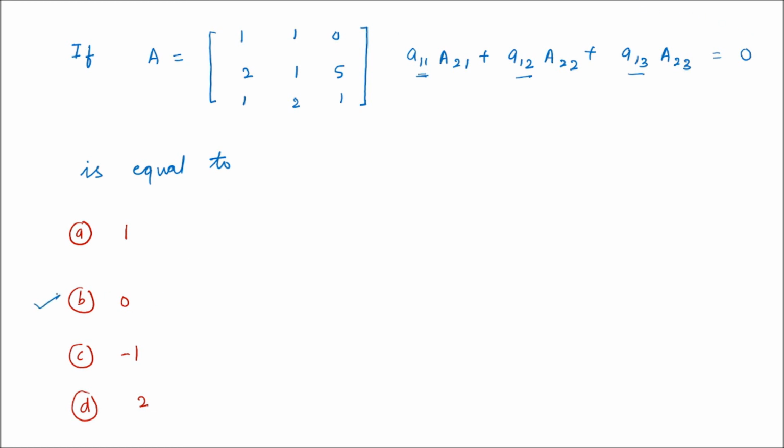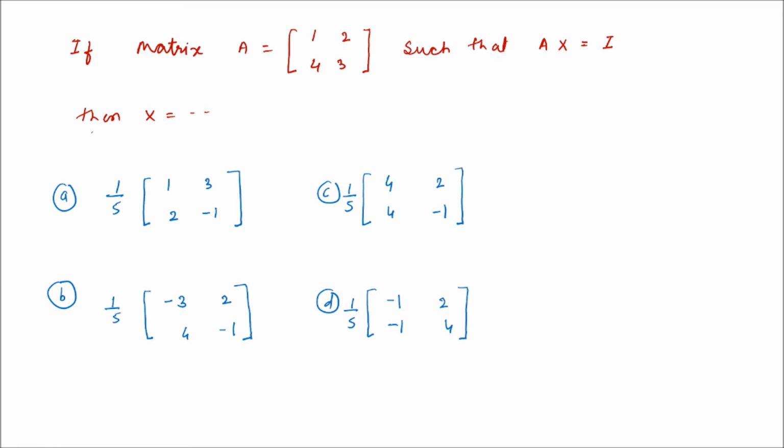So this is 0. The matrix A is equal to 1, 2, 4, 3 such that AX is equal to 5. So we have to calculate X. See here students, taking inverse on both sides, we can say that inverse of A into A means I, so X is equal to inverse of A into the right side.